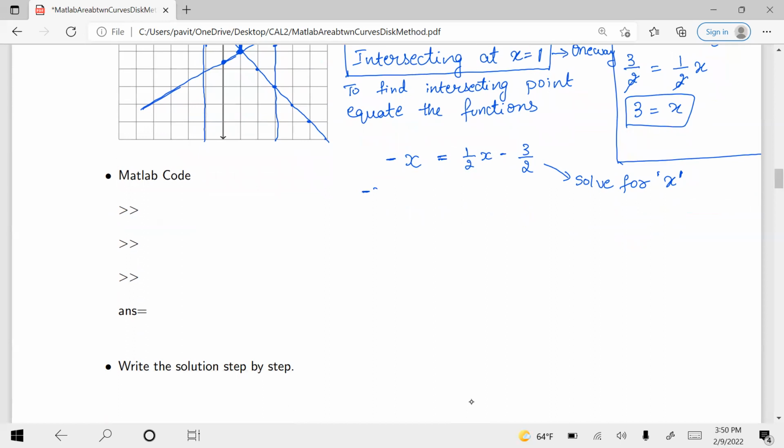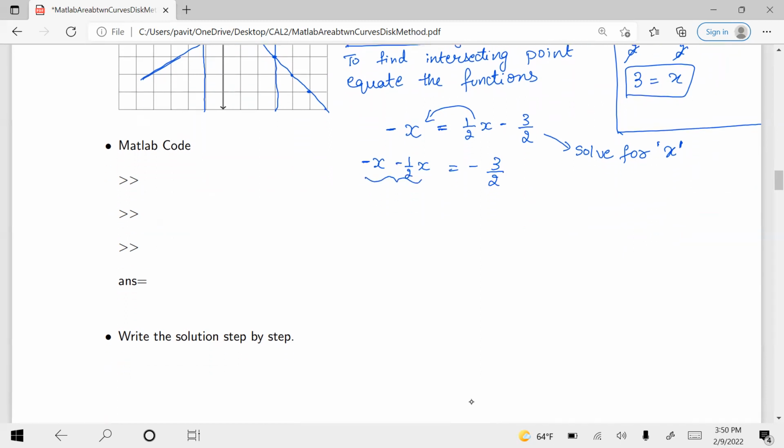Okay, negative x, pulling this half to the other side, negative half x equal to negative 3 by 2. I'm keeping the constant on one side. Now this, negative 1, negative half, taking LCM, everything, that will give you 3 by 2 x, right? And this is negative 3 by 2 on the other side.